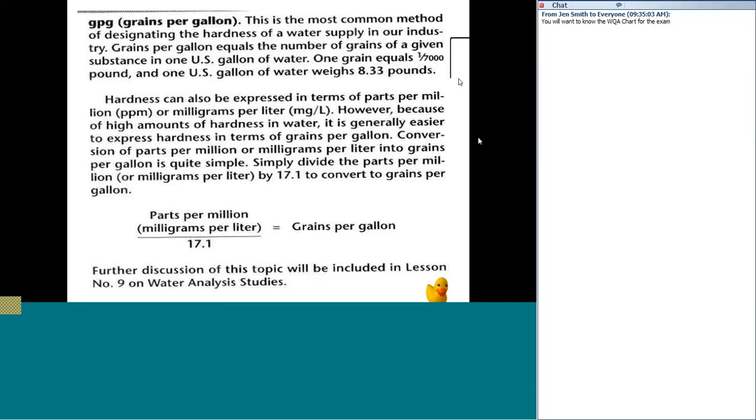So 7,000 divided by 5. Somebody help me out here with 7,000 divided by 5. I should know this. I went to Ball State. That's how many aspirin tablets it is. I should actually put that on the slide.